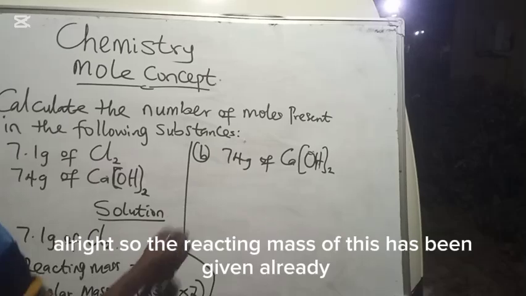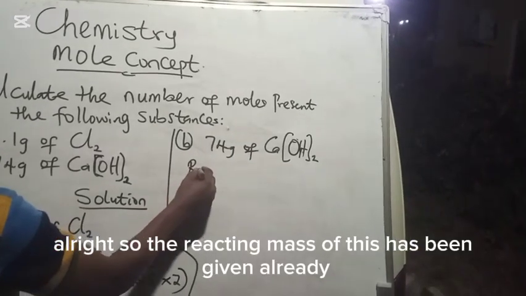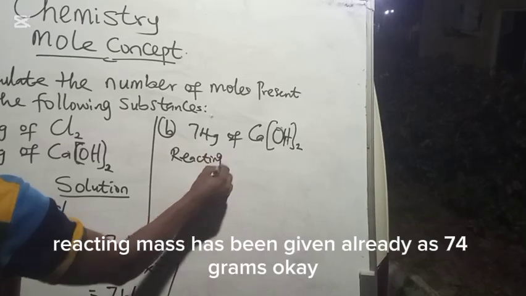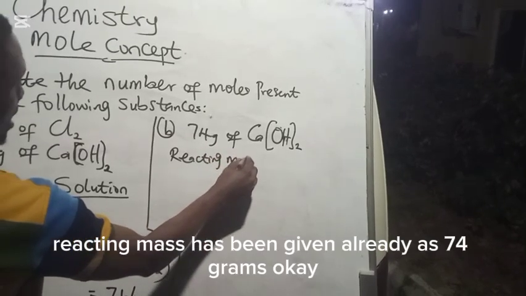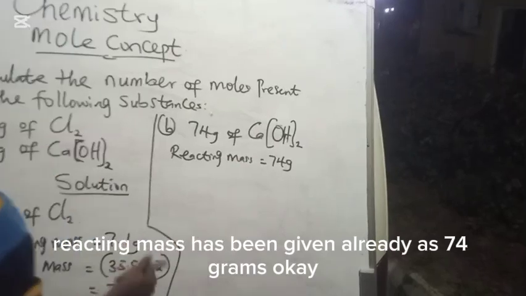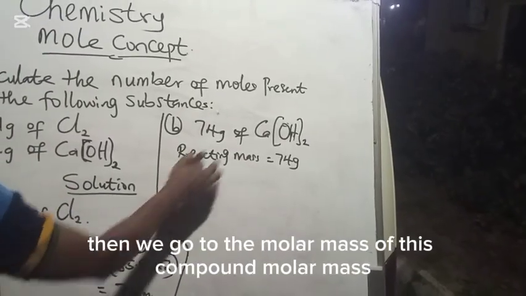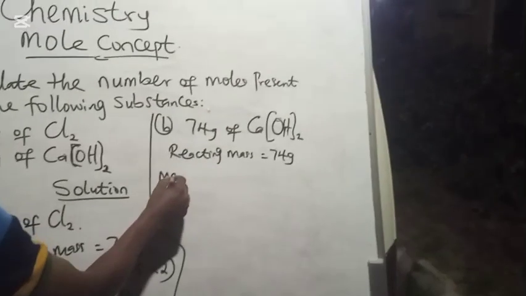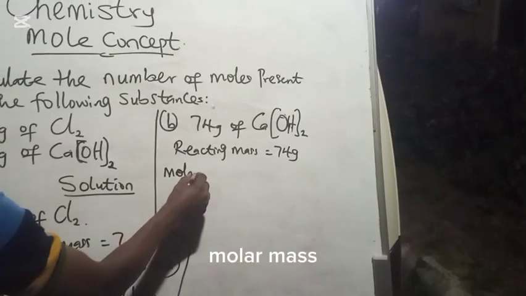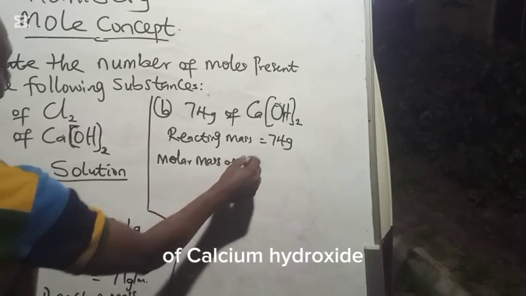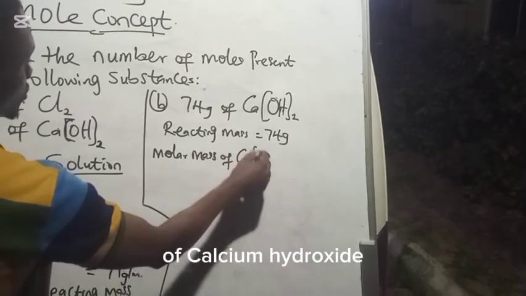All right, so the reacting mass of this has been given already as 74 grams. Then we go to the molar mass of this compound, the molar mass of calcium hydroxide.